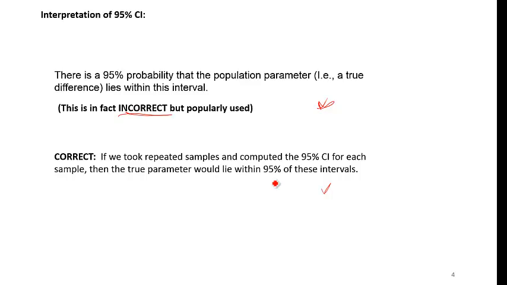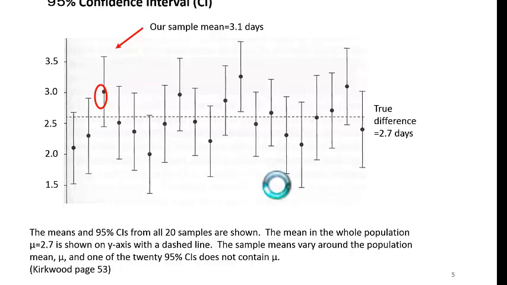Okay. And so let me use a figure to explain what I meant. All right. So this is simulated data, a computer simulation. We randomly pull n equal to the same sample size as this study, so that's 365 patients' data. We randomly pull 365 observations from a random number generator, which has a true parameter of 2.7.